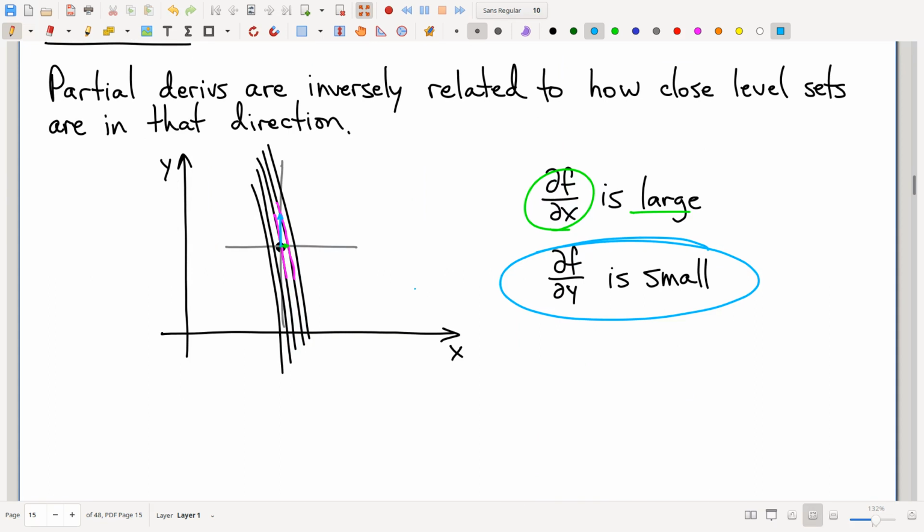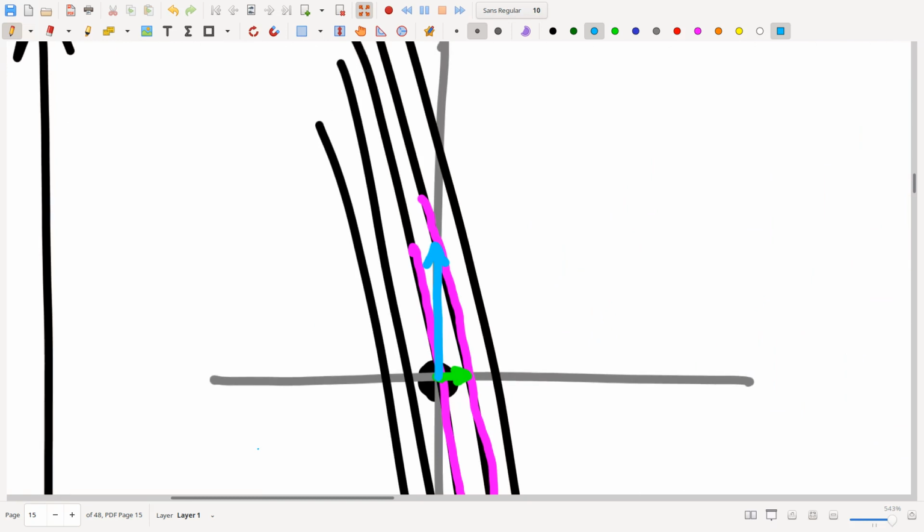Yep. Can you determine the sign from this? No. Sadly, the way I've got these drawn, that's one of the problems with understanding a function by way of level sets. Unless you label the level sets, and a lot of topographical maps will, very commonly labeling this is 100, then 200, then 300, etcetera. If you do that, then you get some sense for which way you're going. But without those labels, no, you can't.